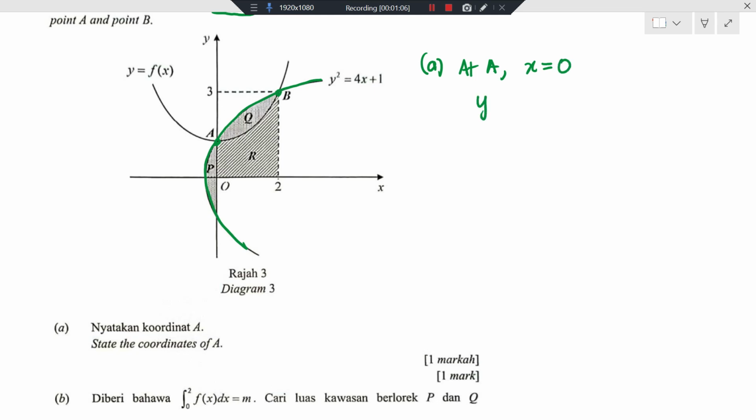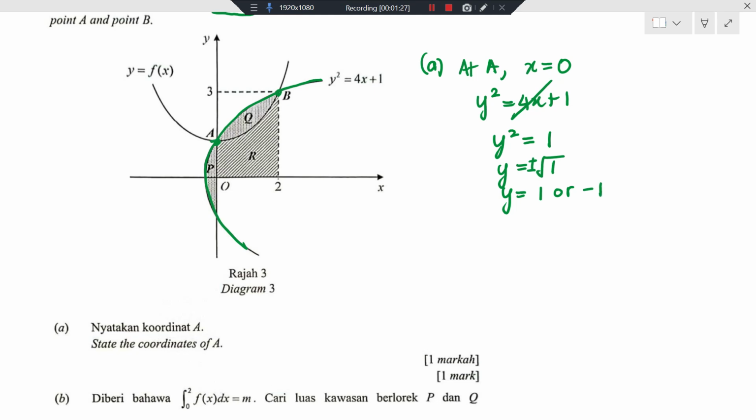So substitute inside the equation, y squared equals 4x plus 1. Since your x is 0, y squared is equal to 1. So y is equal to positive or negative square root of 1. So y should be 1 or negative 1.